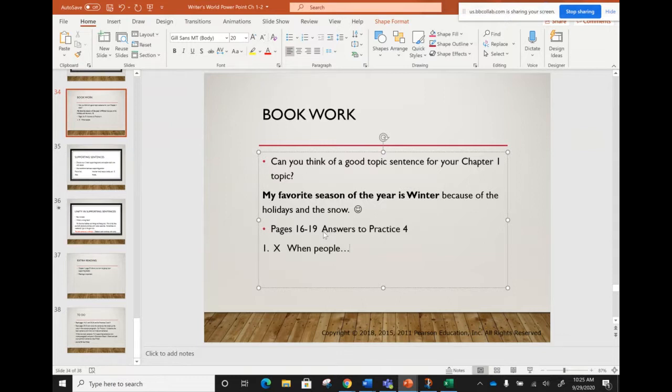Can you circle the controlling idea or the focus? They gain many advantages. Yes, excellent. Gain many advantages, or you can just circle many advantages.